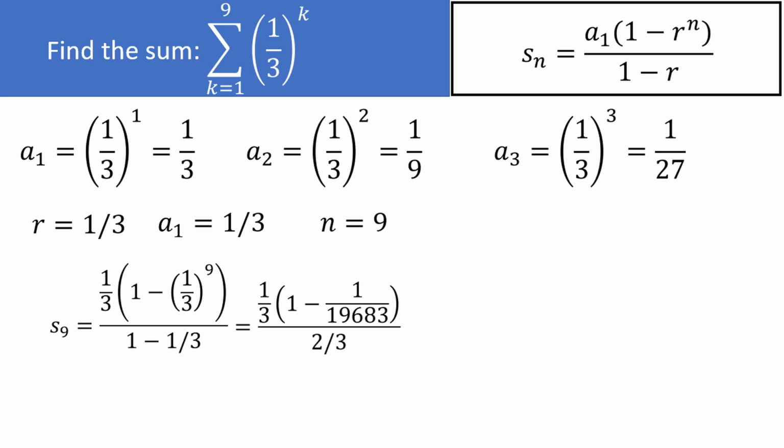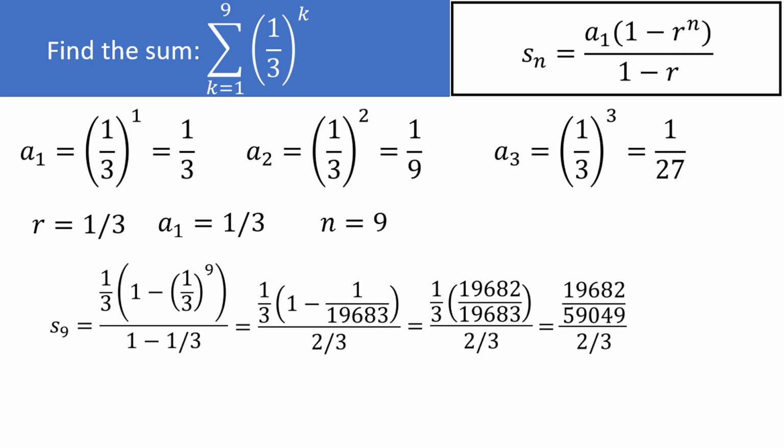This simplifies to 1/3 times 1 minus 1 over 19,683 divided by 2/3. This is 1/3 times 19,682 divided by 19,683 divided by 2/3. This simplifies to 19,682 divided by 59,049 divided by 2/3.